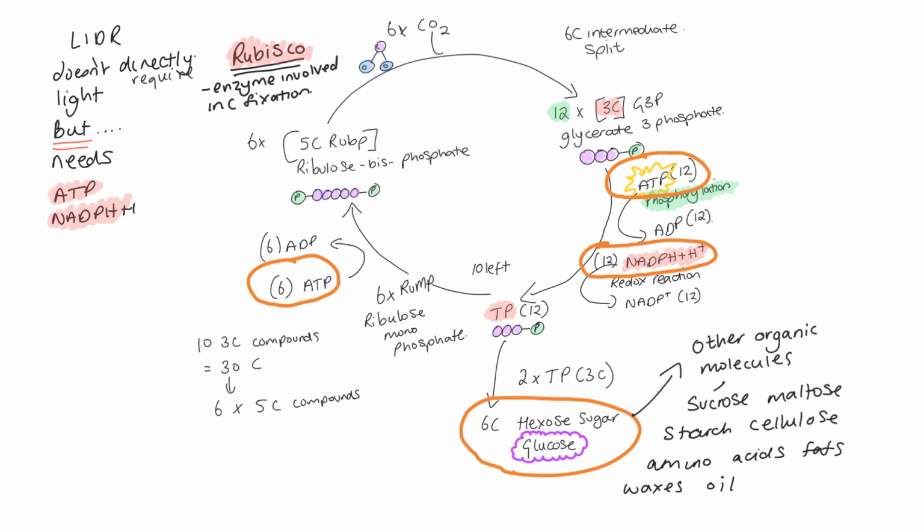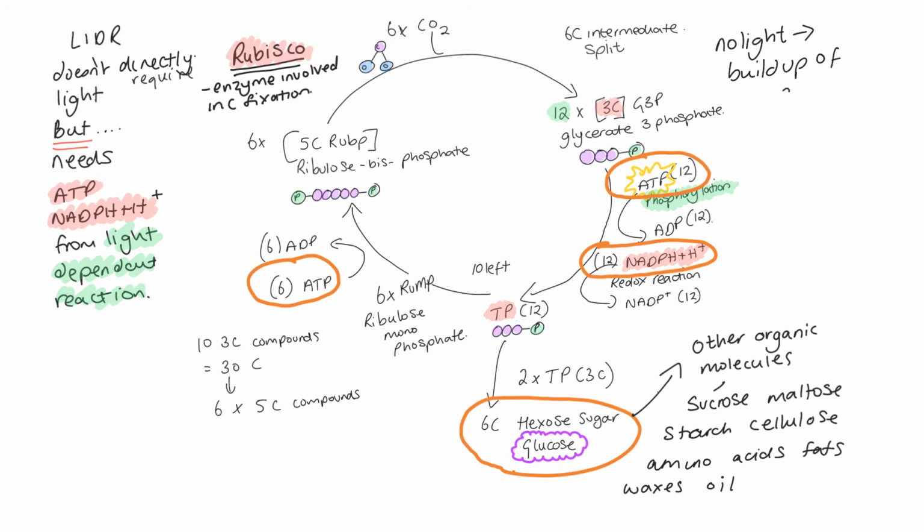So you would just get stuck there. All of your RuBP could be converted to G3P, because you just need carbon dioxide for that stage. But then it just won't go any further because you can't convert that into triose phosphates, and you certainly cannot regenerate your RuBP. So light is necessary.